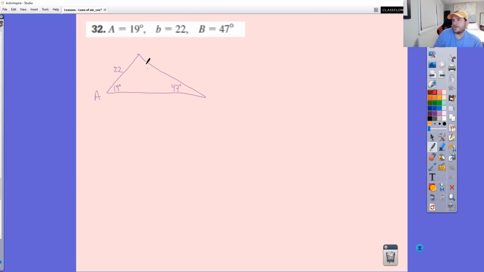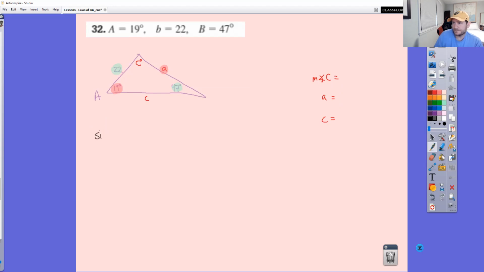Okay, so you know you got to find A. You know you got to find angle C, and you know you got to find side C. What are we finding first? We can find a lot of stuff, like we saw in the last problem. If you wanted to, you could find side A right now. I'm going to do that. Just keep it interesting. So we've got our mint green with our mint green. And then we've got the pink that we want, the pink that we know, so we can set up our sine ratio and solve.